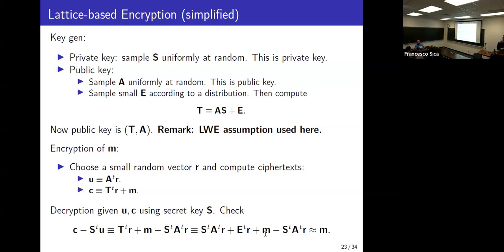Is there a relation between the SIS and the LWE problem? Yes, I think there is a trivial reduction. So you can trivially reduce LWE to this, I think. Right, so this is a classical algorithm. And recently I learned that there are also reductions from SIS to LWE, but this is a quantum reduction, I think.